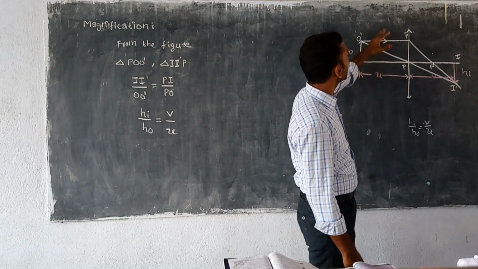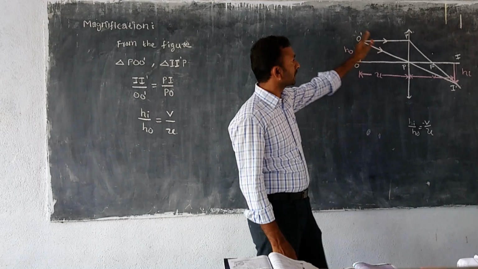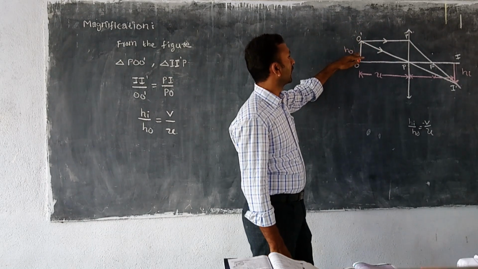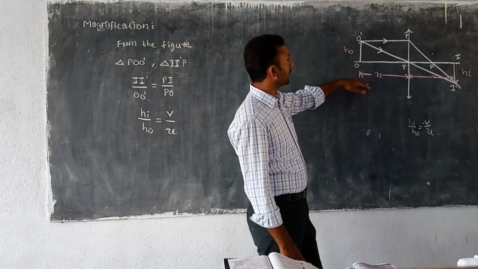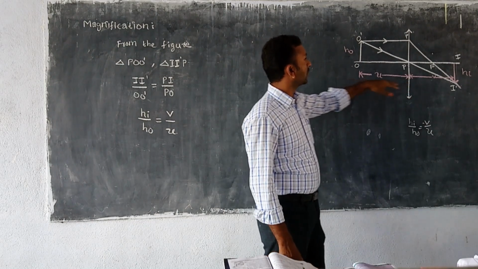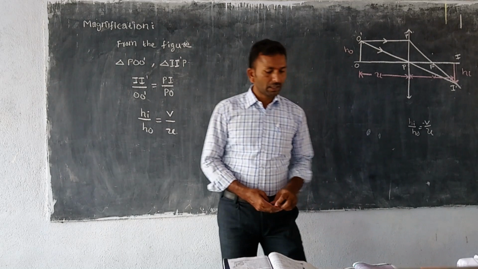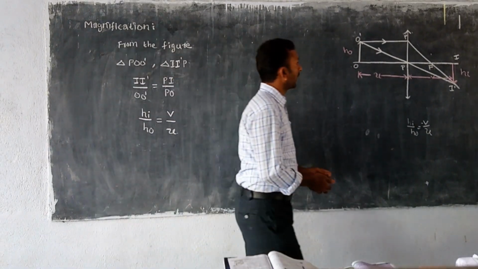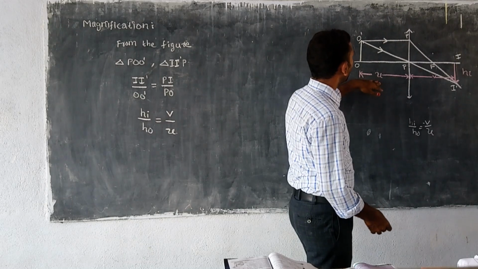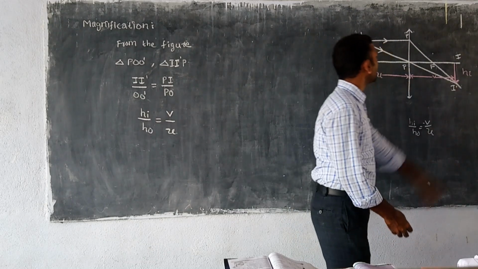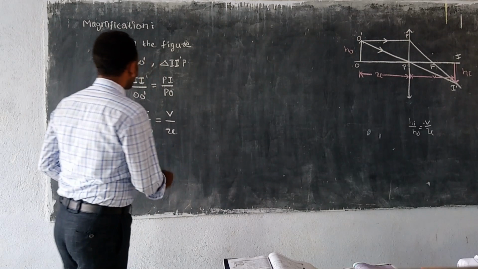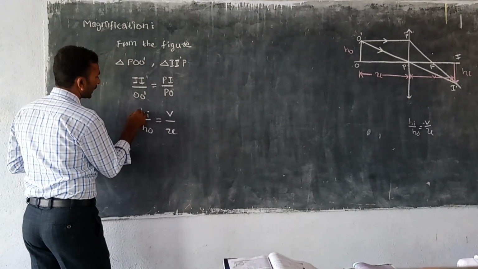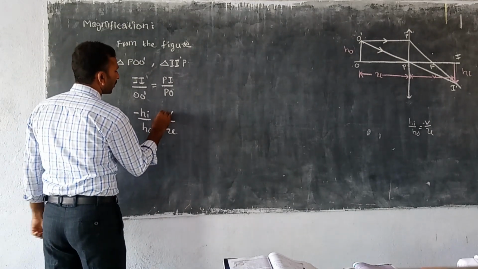If anything is measured from the principal axis towards the upside, we take it as positive. Sorry, here the object distance will be in the positive value and the image distance will be in the negative value. So hi is a minus value and v is also minus.